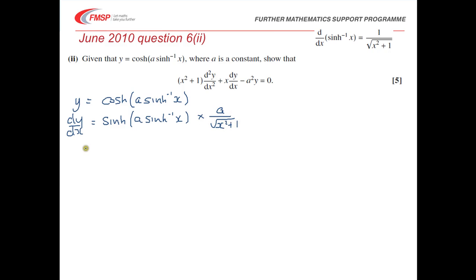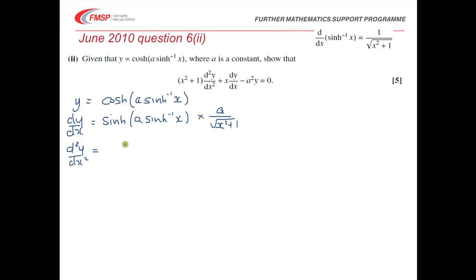So we now have our first derivative, and we're now going to need to differentiate again. So this time we have a product rule that we need to use, and within the product rule we're going to be using a function of a function. So it's u dv by dx plus v du by dx, or either way around, it won't matter.